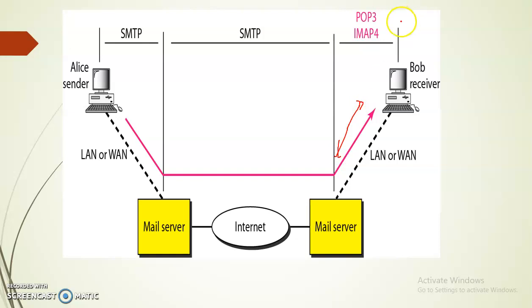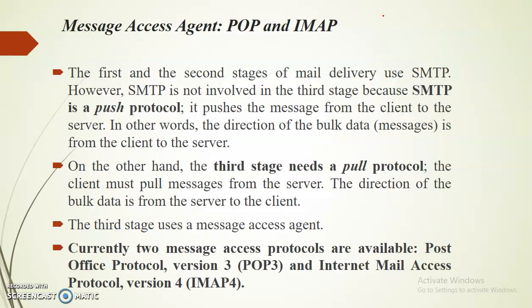We have two protocols which work as a message access agent: POP, Post Office Protocol, and IMAP, Internet Message Access Protocol. In past days POP was used for mail, but nowadays IMAP is used. SMTP was a push protocol, whereas IMAP and POP are both pull protocols. Here the receiver pulls the message from the server, in the direction from server to client.